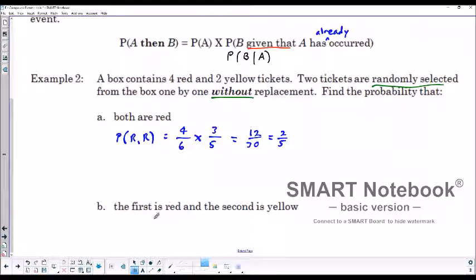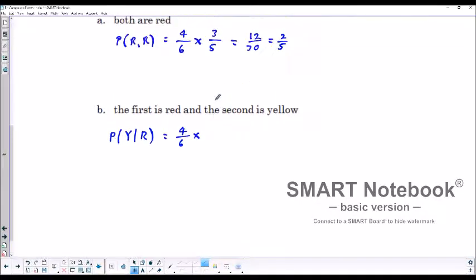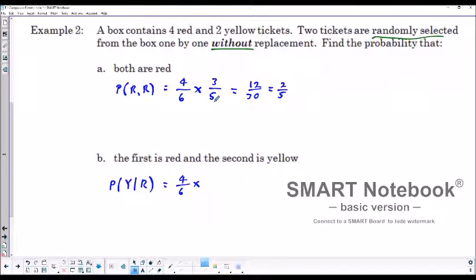If we look at the probability that the first is red and the second is yellow, given that the red has already been taken, the first is red, so we have a probability of 4 out of 6. Then the second one is yellow, so there are 2 yellow tickets, and there are still 2 yellow tickets, even though we've already chosen a red one.